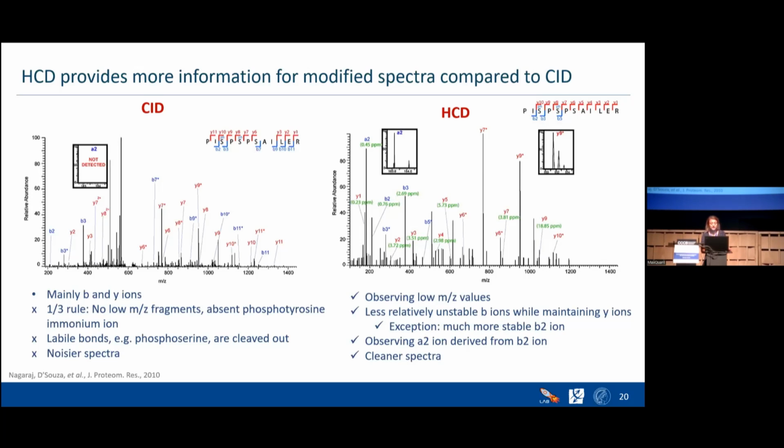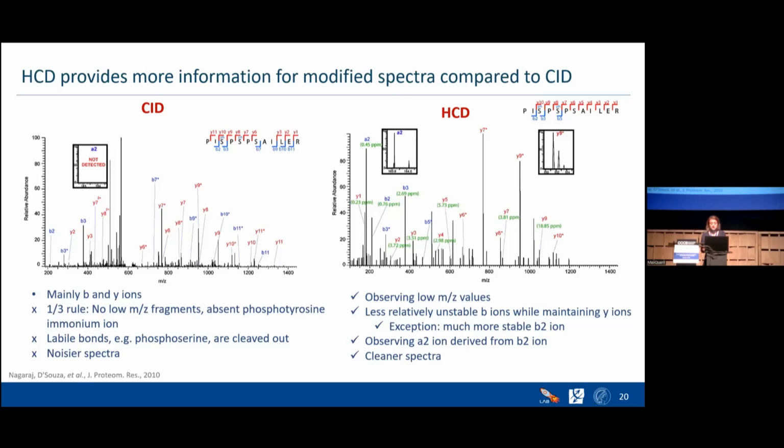If you look at the x-axis, it goes below 200 m/z. We also see more Y ions than B ions, and the spectra are much cleaner, without the smaller noisy background. There's another special thing about HCD: the B2 ion becomes an A2 ion, which we don't detect with CID.